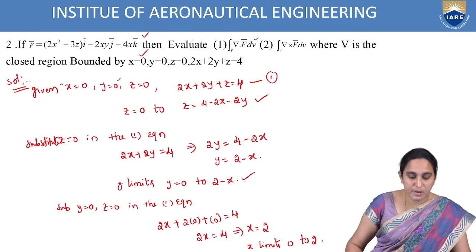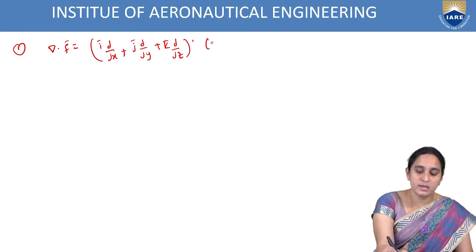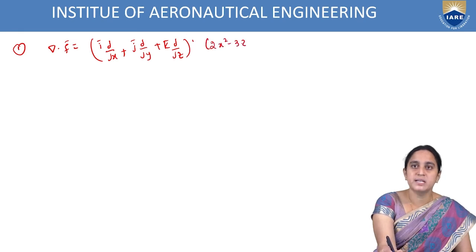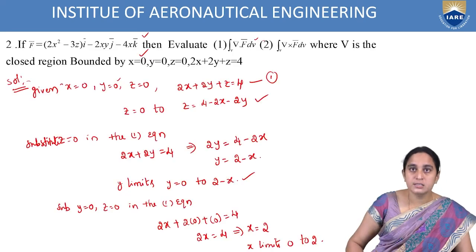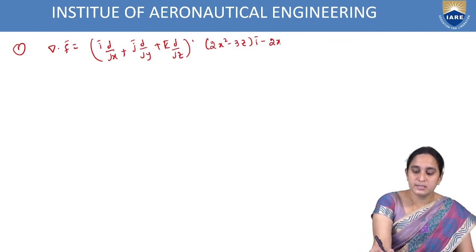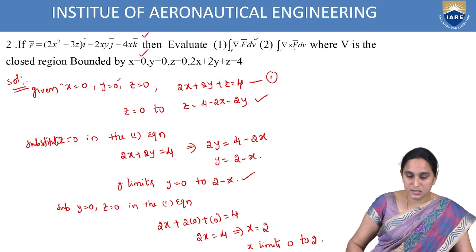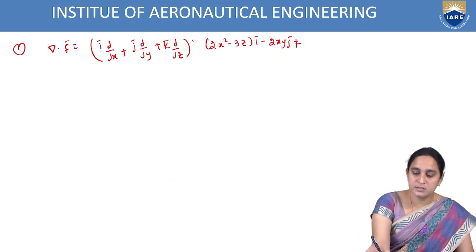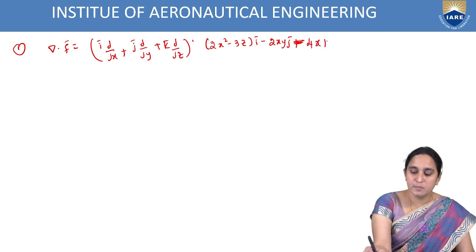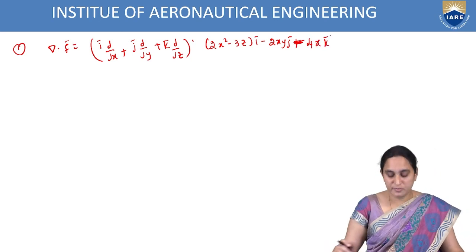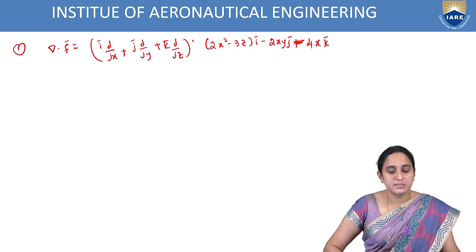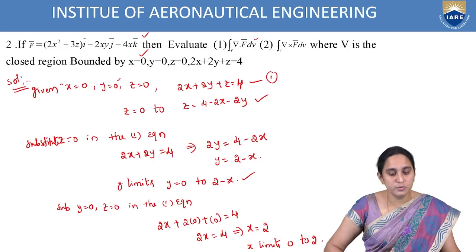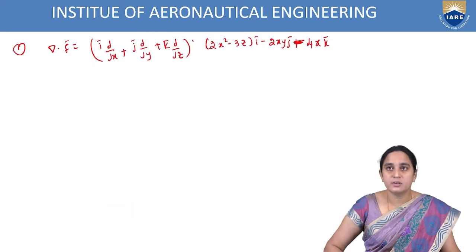Dot, what is f bar here? f bar is the given vector point function: 2x square minus 3z into i bar, minus 2xy into j bar, and minus 4x into k bar.